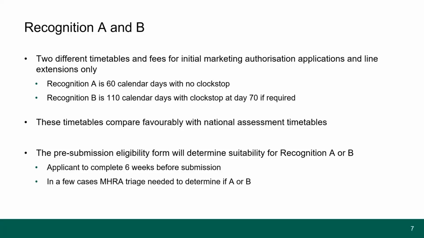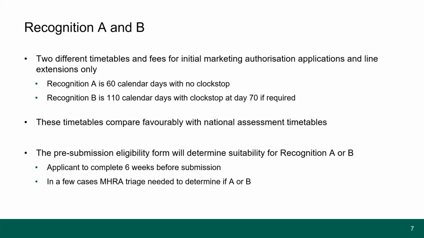Suitability for recognition A or B will be determined by completion of the pre-submission eligibility form, and we've just released new guidance about this, and Andrea Johnson will provide more detail in a while.